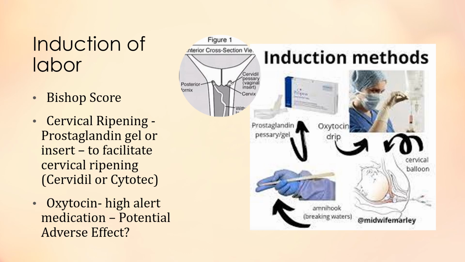The body knows when that's happening. And then the cervical balloon is a manual method of dilation, basically like a Foley balloon on either side of the cervix, and you periodically add some more fluid until it manually dilates the cervix to about 4 centimeters, and that balloon falls out.